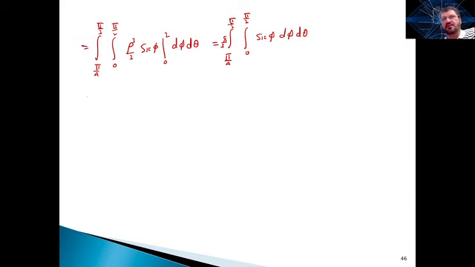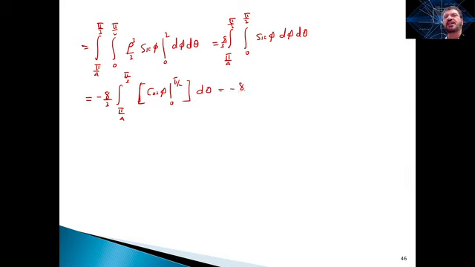The integration of sine phi is negative cosine phi. So you get minus 8 over 3, integration from pi over 4 to pi over 3, of minus cosine phi from 0 to pi over 2, then d theta.